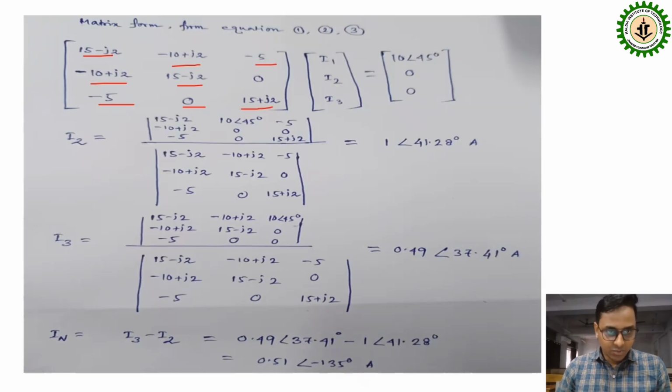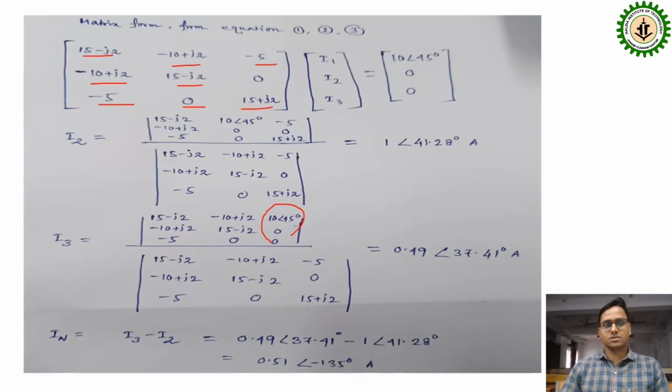And here we have to calculate I2, that's why this right hand part will be placed in the middle. And similarly for I3, this right hand part will be placed in this third column. The remaining part will be as it is. And the denominator part will be the determinant of this matrix.